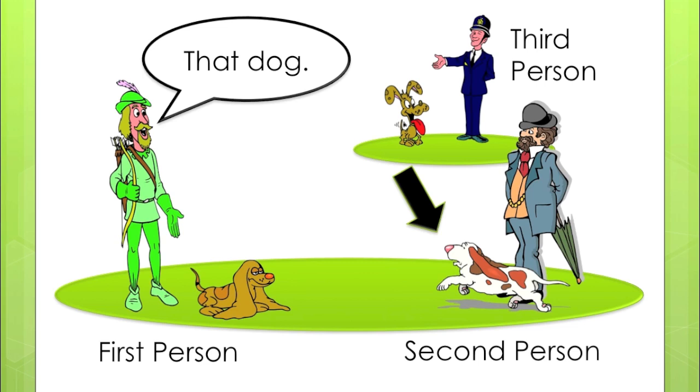Finally, if Robin Hood wants to talk about the dog over here in the space of the third person, he will say, that dog also. That's because that is used to refer to things in the space of the third person and the second person, in contrast to this, which is used to refer to things in the space of the first person.